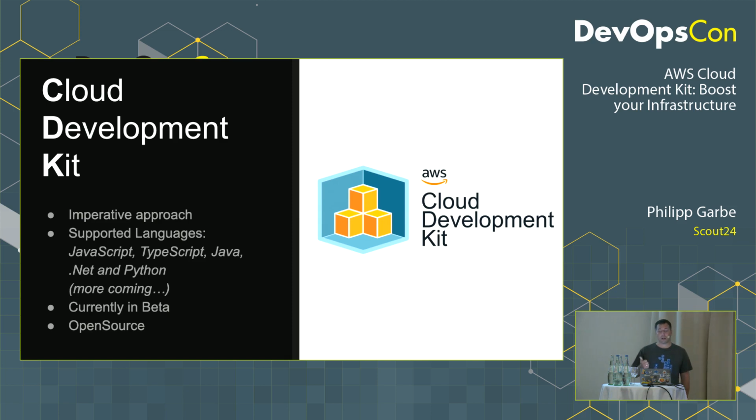You can use CDK when you write in JavaScript, TypeScript, Java, .NET, and Python, and more languages are also coming. It's currently in a public beta, so you can try it out already and work with it. You can also look up the source code. It's on GitHub, and you can also contribute or open issues there. They're quite active.